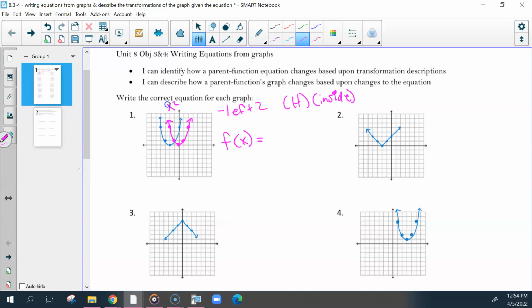Because this is an inside function, we're going to need parentheses. Left 2, how would we write that? X plus 2, because it's always opposite. And then there would be a square on the outside.